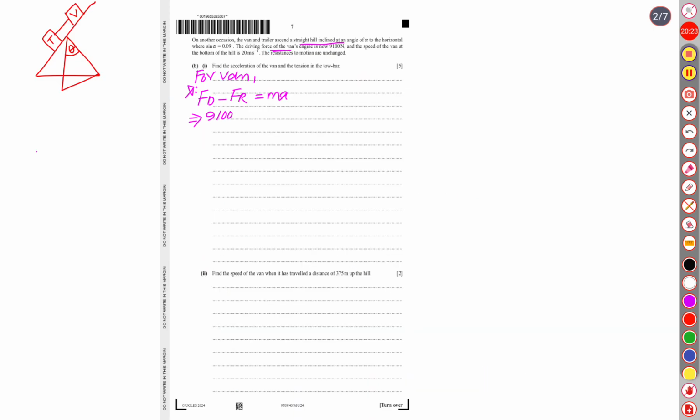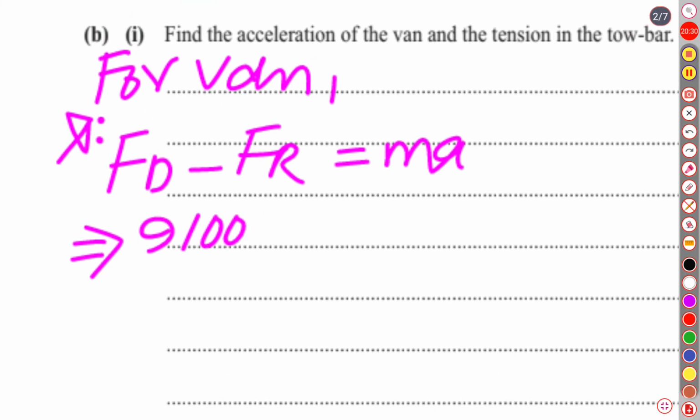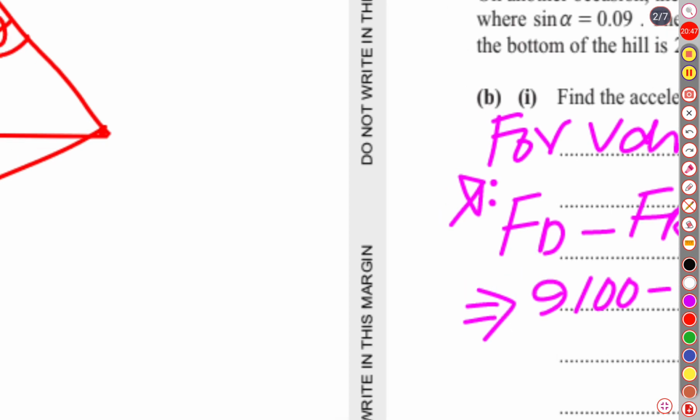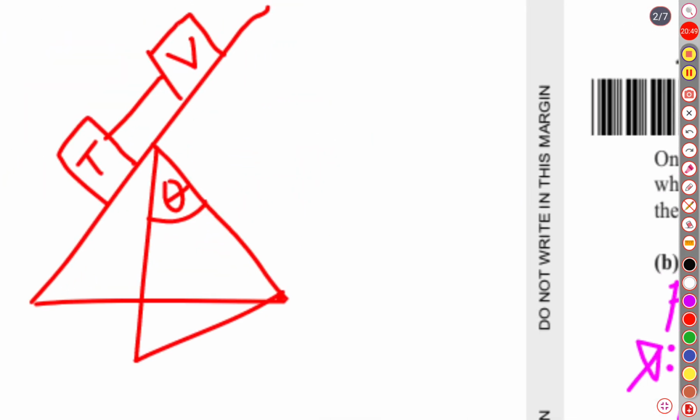So minus 2500 Newton is the resistance force, and another resistance force is the tension, which is causing resistance to motion. Look at this, the tension is at the backward of the van. This is the tension force, so this force is backward in terms of the van.